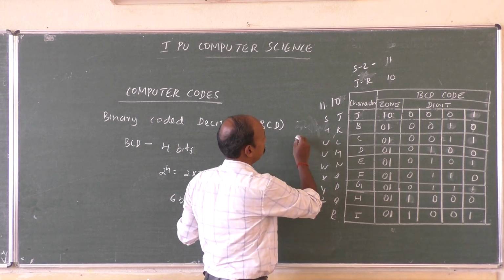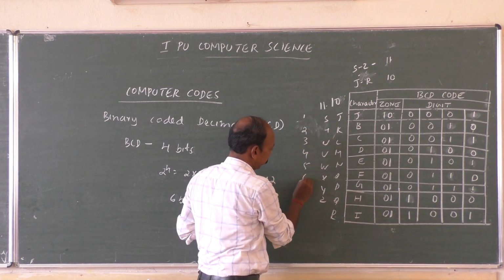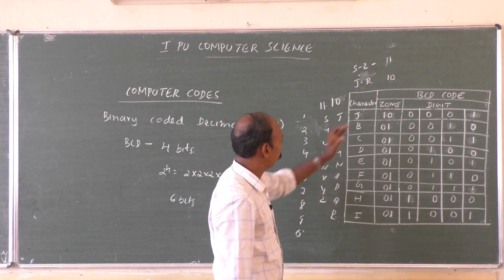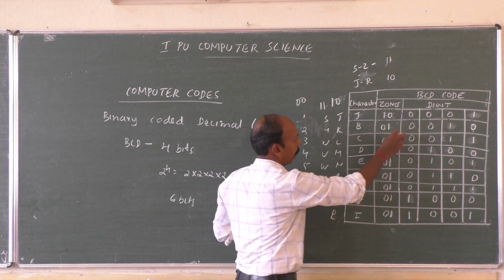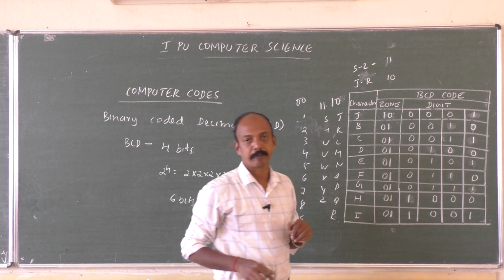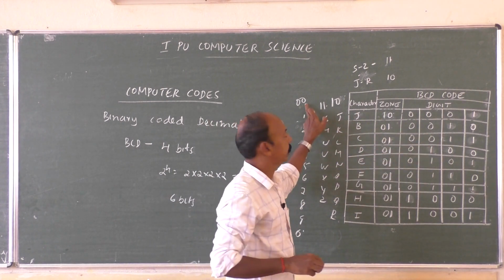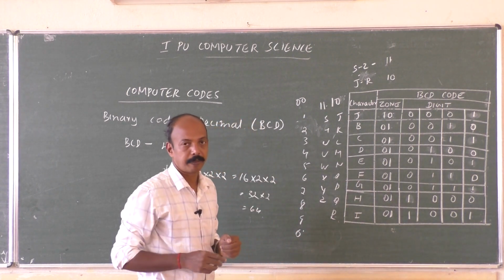So for 1 2 3 4 5 6 7 8 9 and 0, the zone portion becomes 0 0, and this digit combination will be the same. For 1 it will be 0 0 0 1 with zone portion 0 0. That's about the numbers.